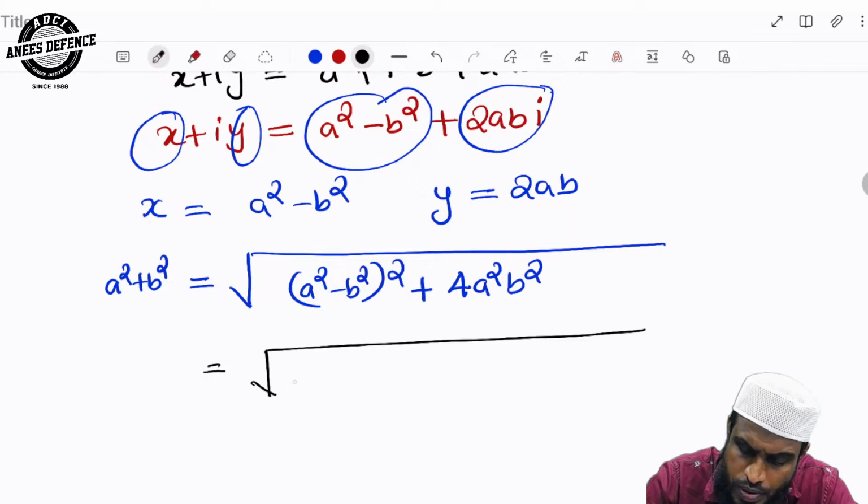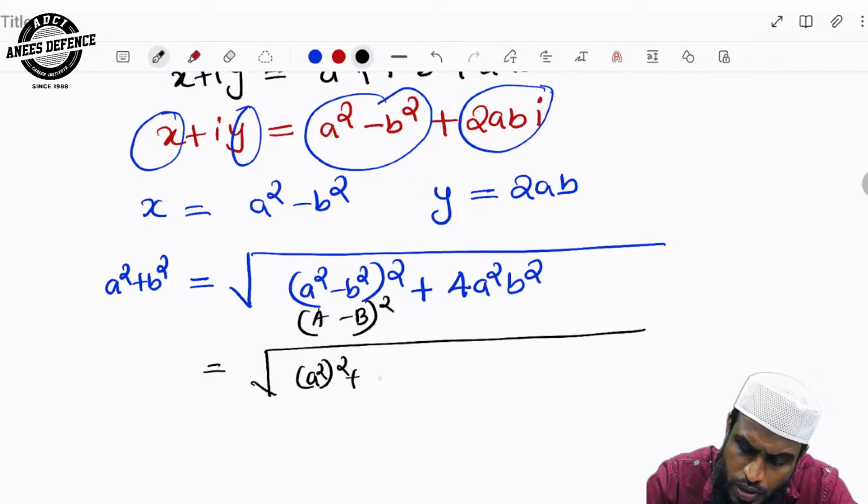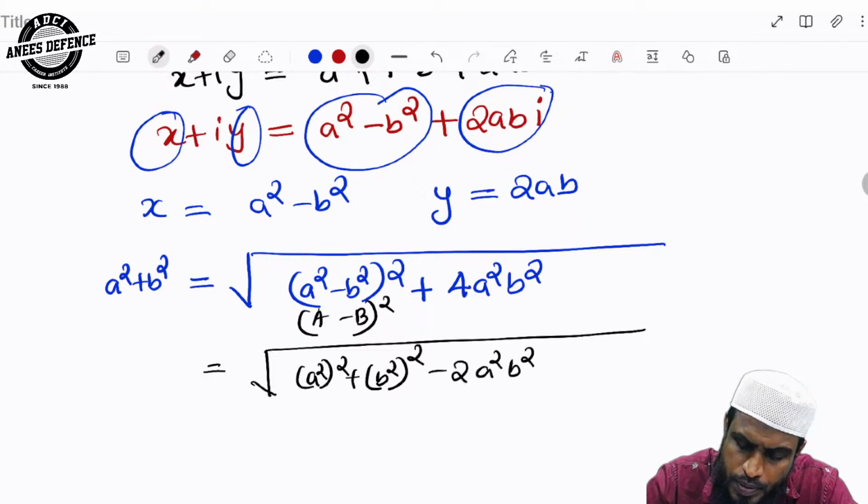Just do it. Here you can do a minus b the whole square. So a square plus b square minus 2ab, plus the last term 4a square b square.